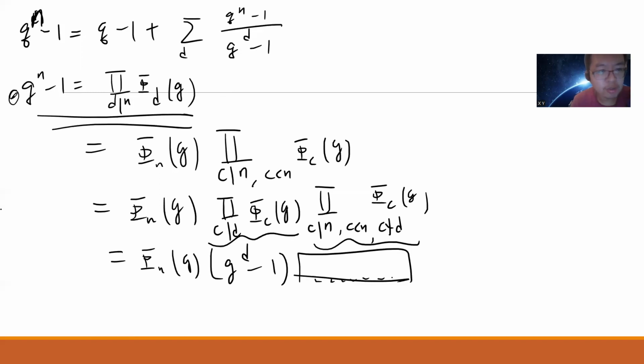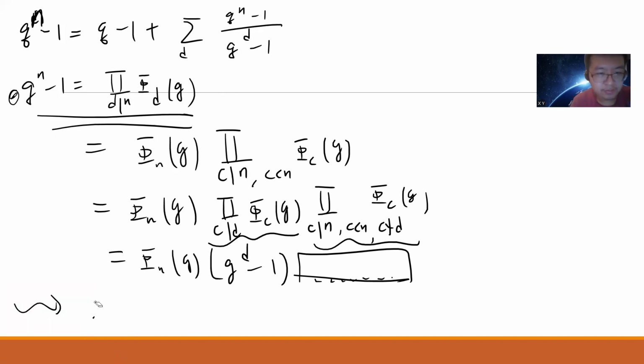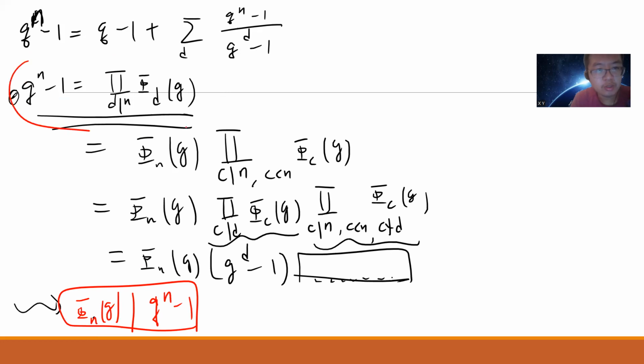Okay, so this equation tells you that Q to the D minus 1... Okay, so let me just say something. Oh, so this tells you that what? This tells you that phi N of Q divides Q to the N minus 1. This is simple, right? From here. And then we also know that phi N of Q will also divide this, right?